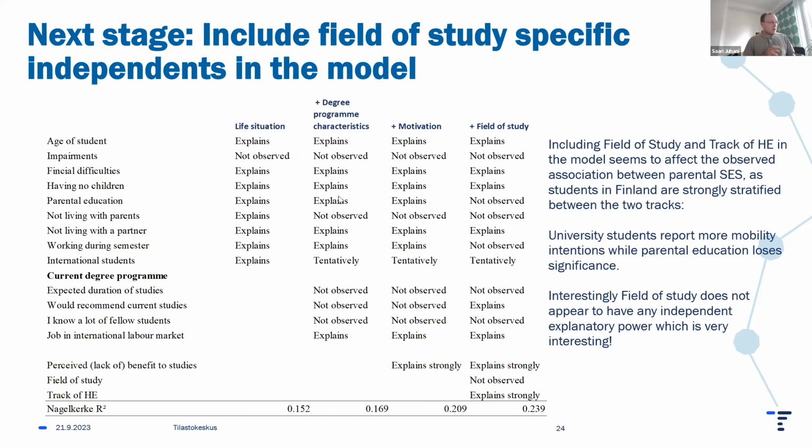So including this independent variable in the model increases the explanatory power of the model quite drastically, even to an extent that when we then include fields of study per se, as well as track of higher education and their interaction, remembering that students studying in fields of business in the UAS track might perceive the benefits quite differently from students of economics in the university sector, we actually don't observe a statistically significant association, even though our mobility statistics seem to be proving otherwise.